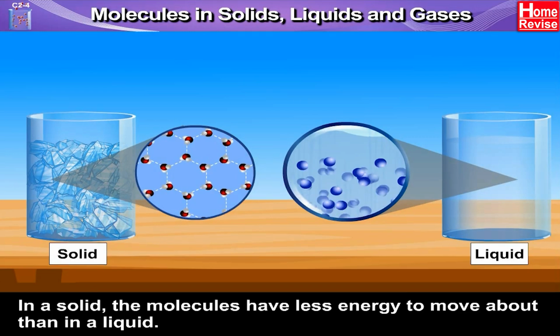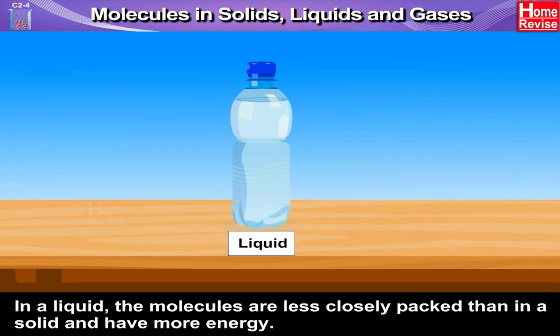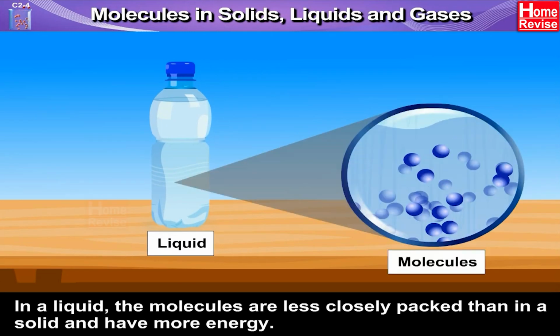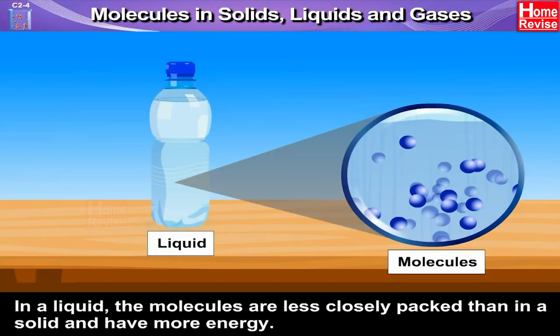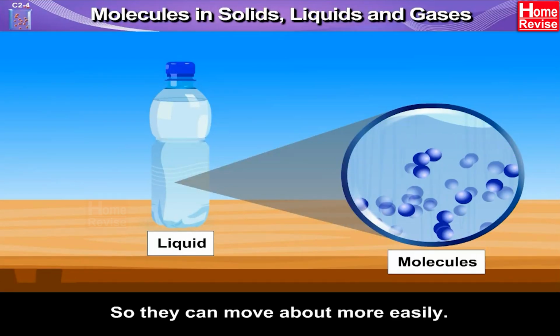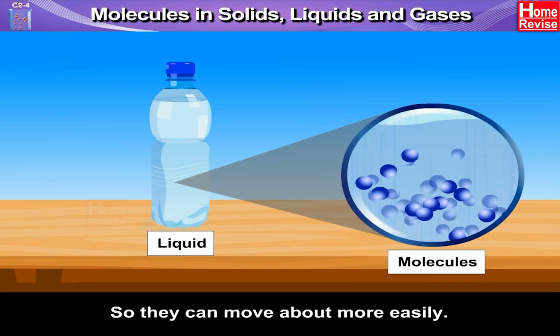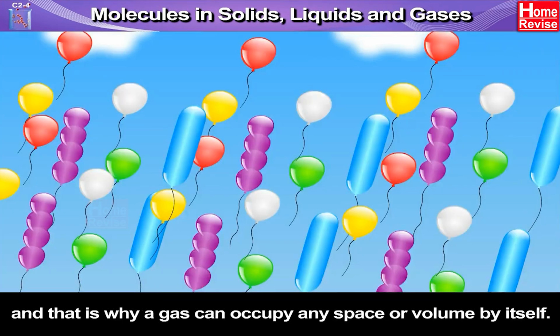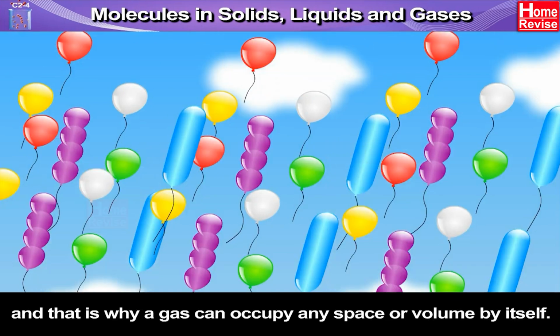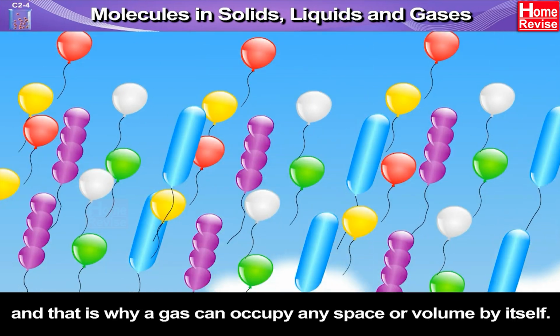So what happens in a liquid? Well, in a liquid, the molecules are less closely packed than in a solid and have more energy, so they can move about more easily. Molecules of a gas move about most freely because the force of attraction between them is very low, and that is why a gas can occupy any space or volume by itself.